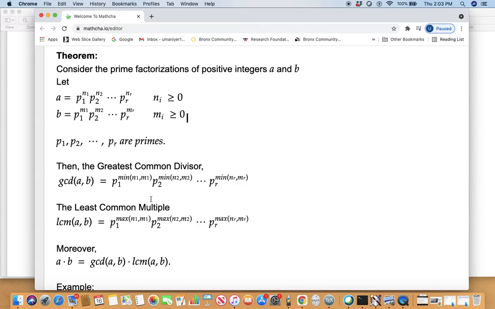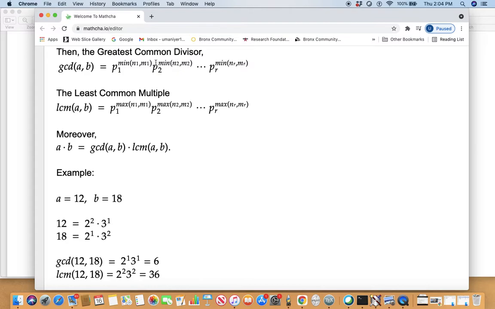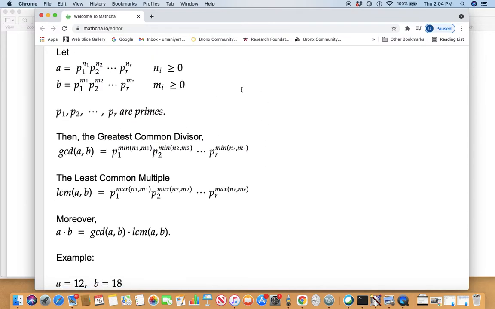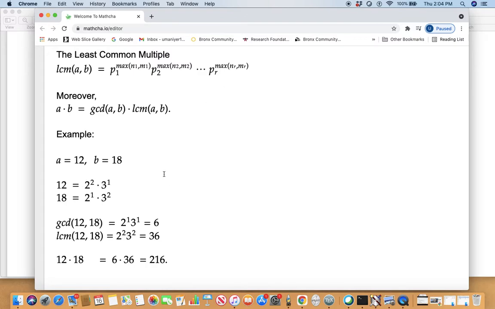Whereas for the least common multiple, you take the maximum of the powers. That's the least common multiple. Moreover, a times b equals GCD times LCM, the least common multiple. This is a reasonably challenging proof, but anyhow, let's look at an example.